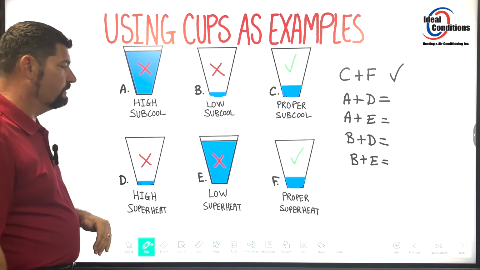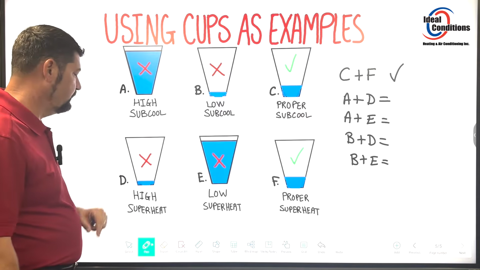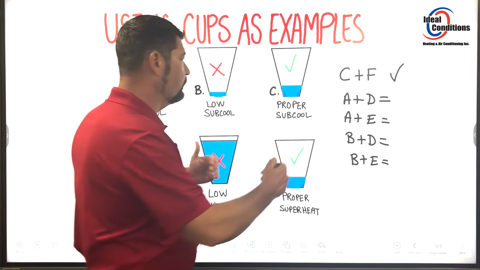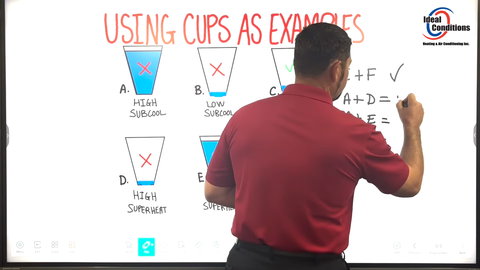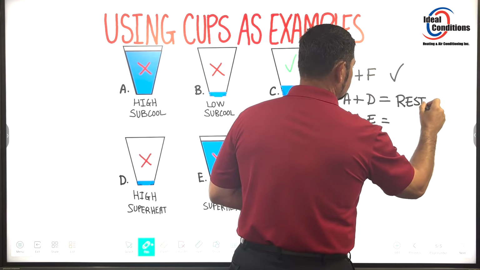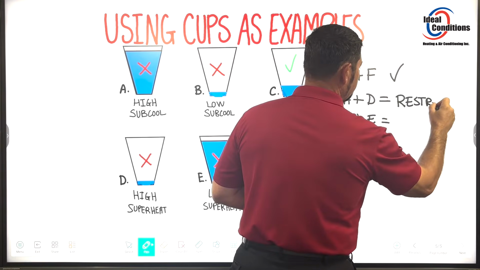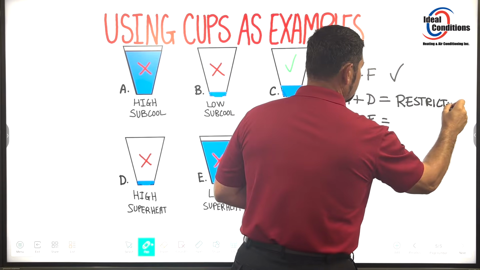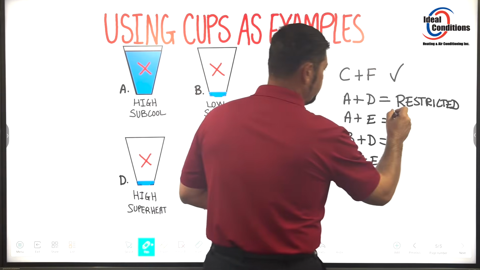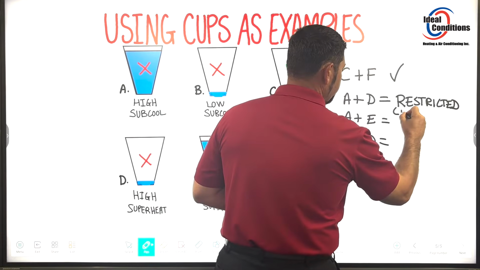That tells me there's a restriction. So this bad plus this bad equals, we'll say, a restriction. Restricted. And then in parentheses we can put metering device.